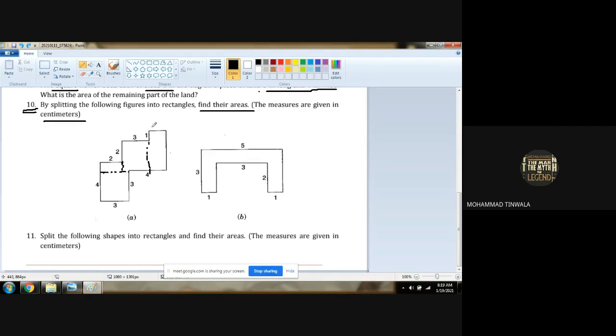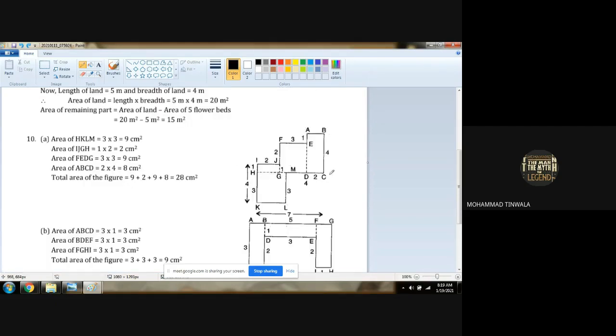Are you getting it? So they took A, B, C, D, E, F, G, H, I, J, K, L. Have you got the content? A, B, C, D will be the first rectangle. Then E, F, G, D will be the second one.